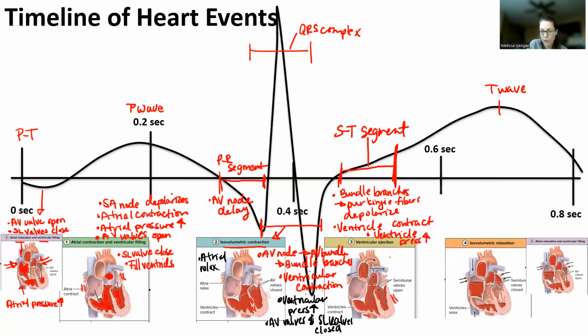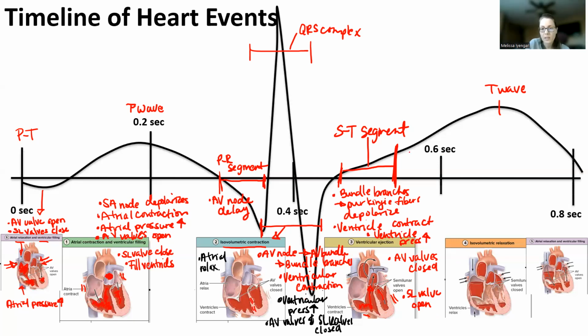My AV valves are still closed. They have to be, right? If they're not closed, then blood's going to push backwards into the atria. So my atrioventricular valves have to close in this case, but my semilunar valves are now being pushed against because my blood that's in my ventricles has only one direction to go, and that's up now towards those valves. So my semilunar valves open, and as those semilunar valves open, blood ejects out of the ventricles into the arteries. That's why it's called ventricular ejection.